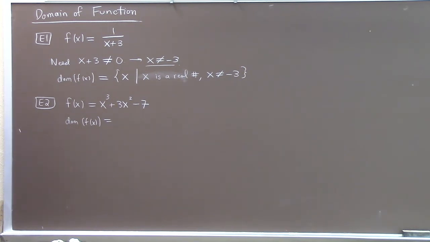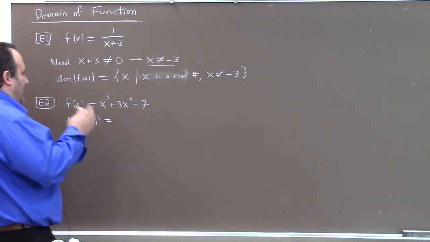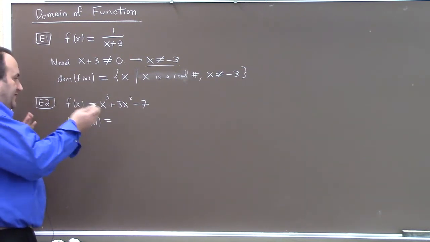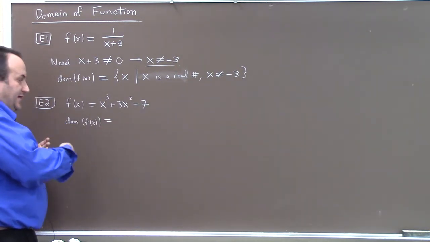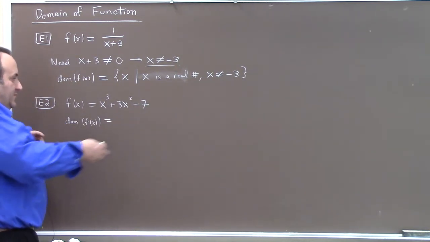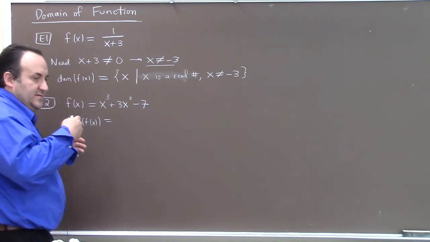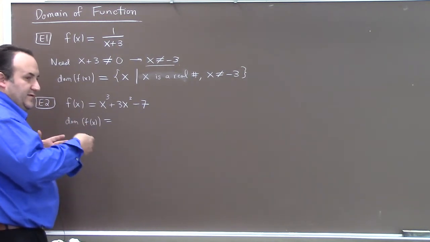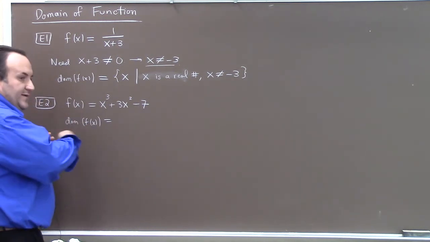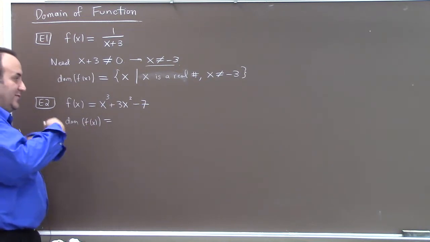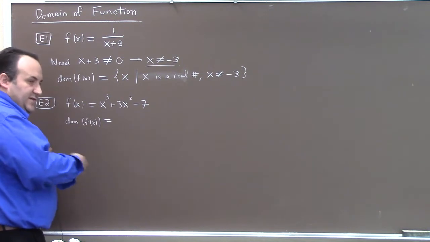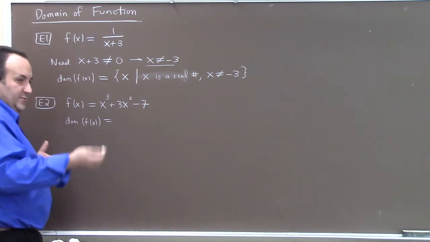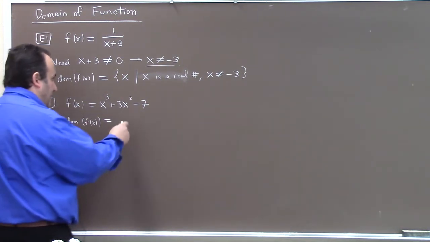When we ask about the domain, the question is, for which x is the formula defined? Does it make sense to plug in x? Can you plug in a negative number? Can you plug in a positive number? Sure. Whatever real number you put into this formula, we can cube a real number, we can square a real number. There's no division. In short, there's nothing to worry about. So the answer here is all real numbers.